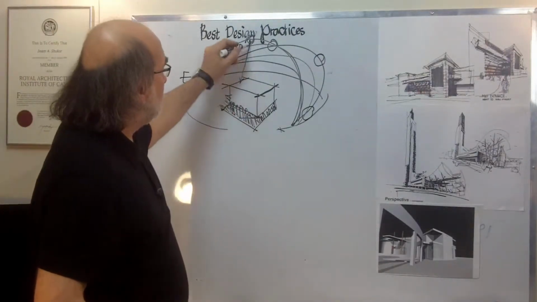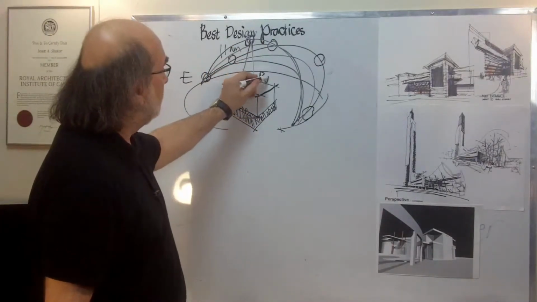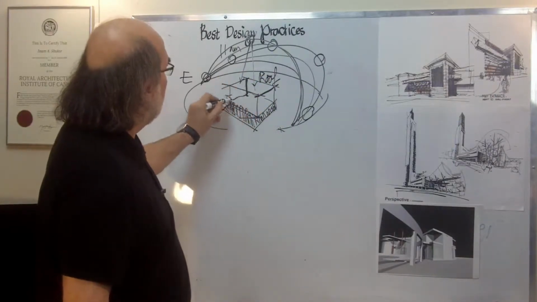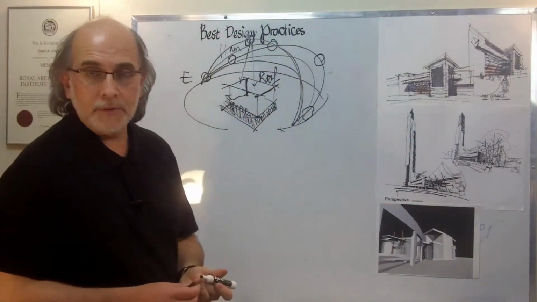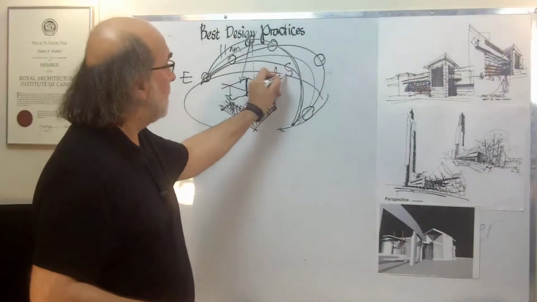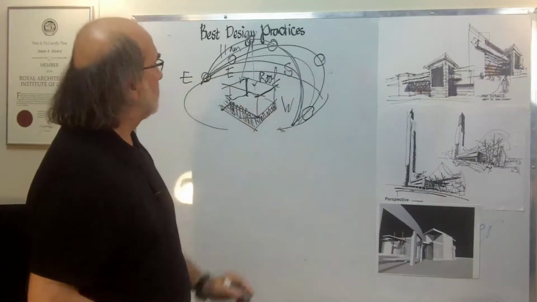So the surface that gets the most heat from the sun is the roof, and then the walls that face the sun from the other side. So these walls, basically the south, the east and the west.